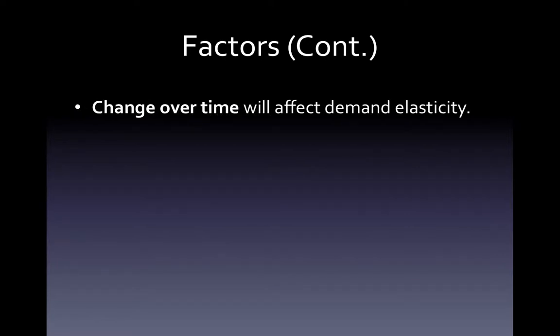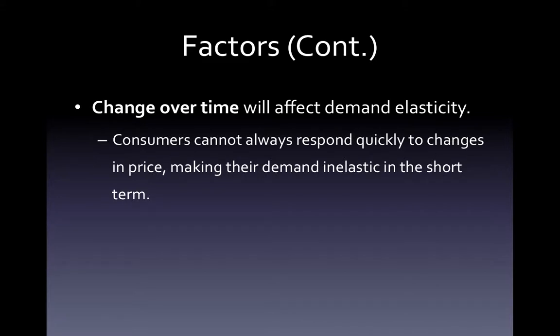Change over time will affect demand elasticity. Consumers cannot always respond quickly to changes in price, making their demand inelastic in the short term. Substitutes are not always immediately available. So, a change in price takes place, and it's something for which no one has developed an adequate substitute.